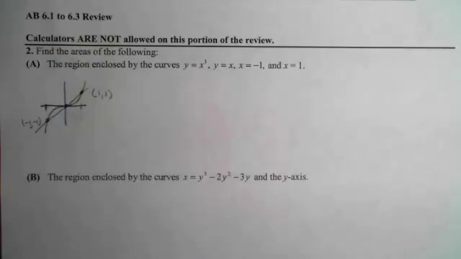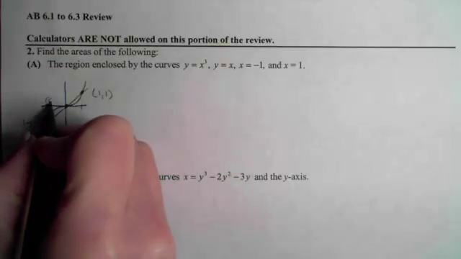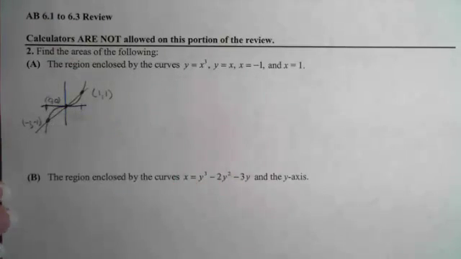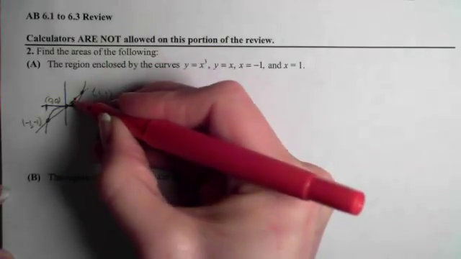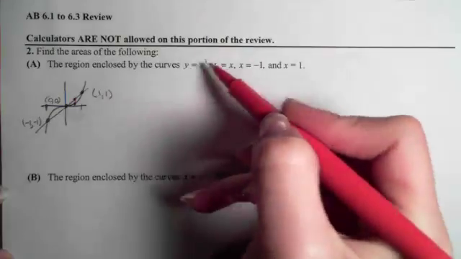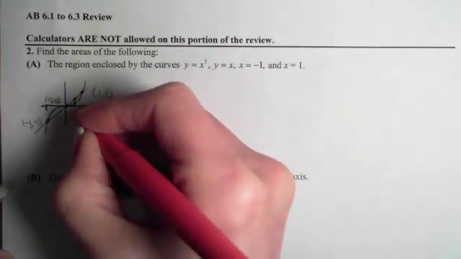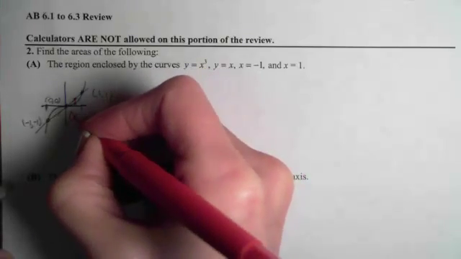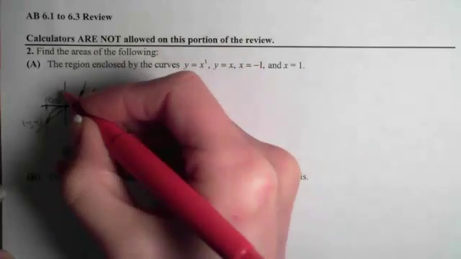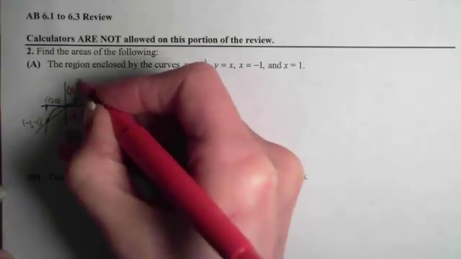So let me move this up here so we have more space to label our red strip. So our strip will be, I'm going to choose to go vertically since I've already got y isolated. And the bottom one will come off of the x cubed curve, and the top one is going to come off of the x curve.